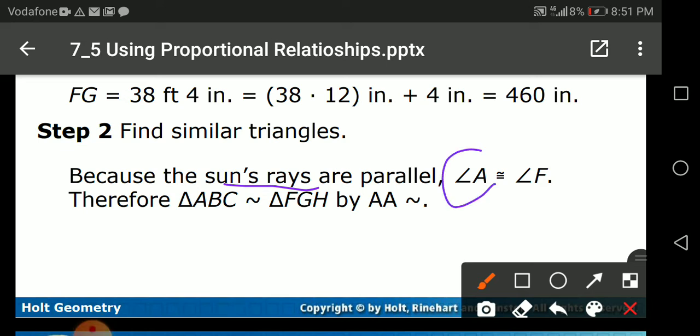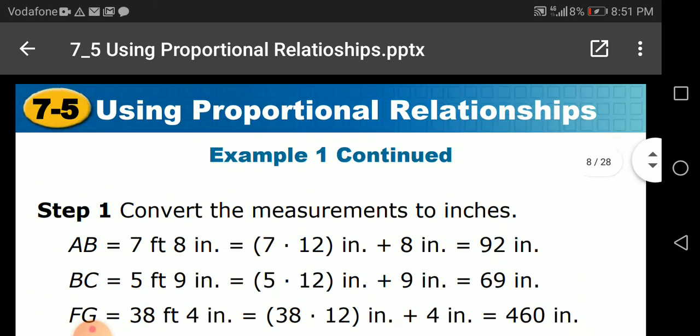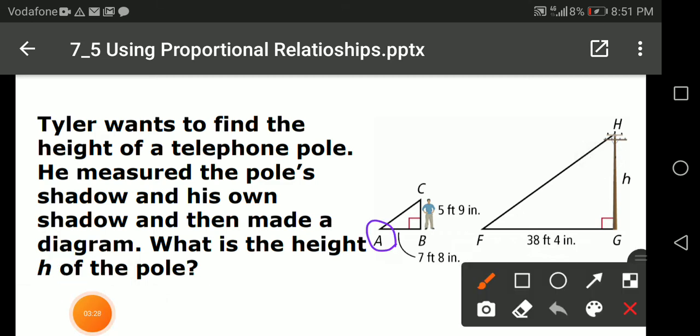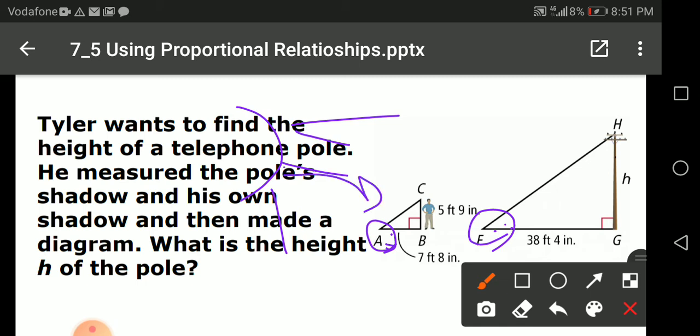Therefore, measure of angle A is congruent to measure of angle F. When the sun rays fall on a body, it gives me a shadow. So the sun ray proves that we have congruent angles.